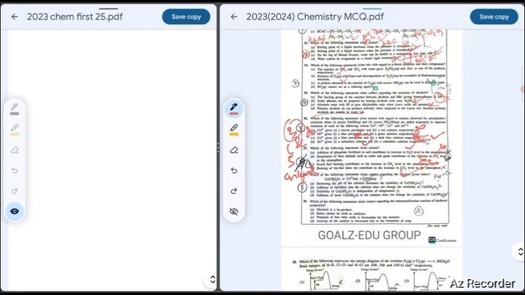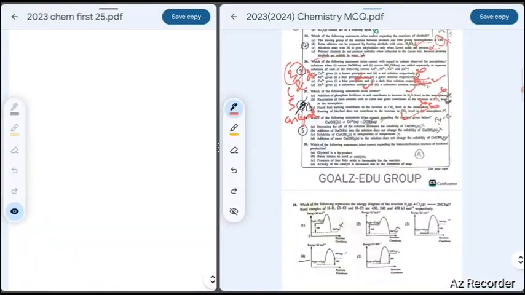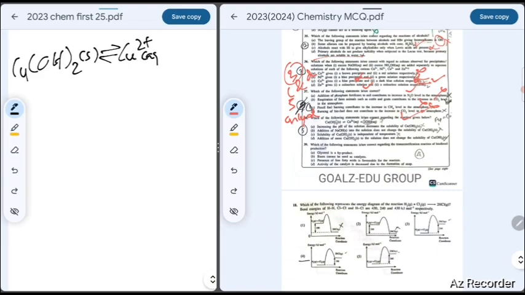Which of the following statements is or are correct regarding the reactions given below? The reaction is this, right? Cu(OH)2 solid in equilibrium with Cu2+ aqueous and 2OH- aqueous.